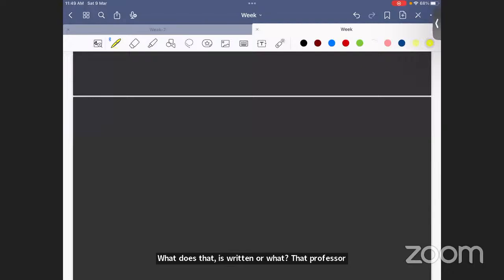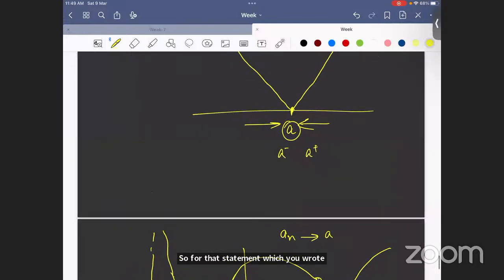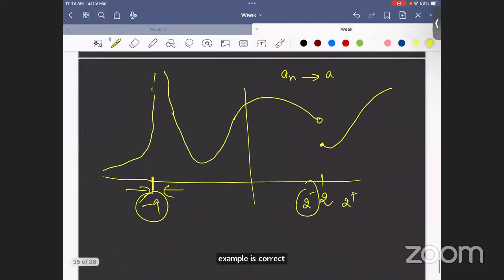For that statement which you wrote above, your example is correct, I guess. What he's asking, I guess, is: there is some sequence, for example a sequence tending toward A, from the left hand side or any one direction only.